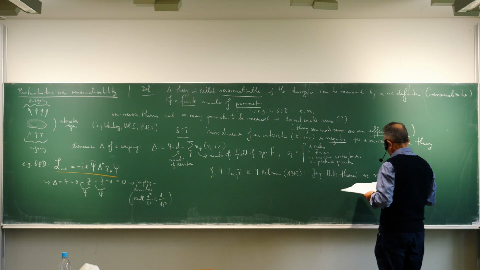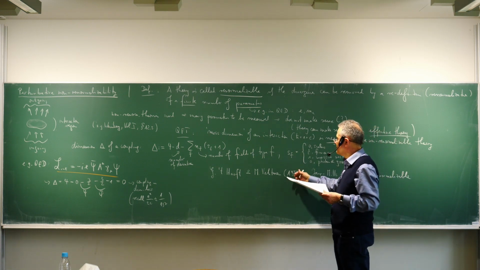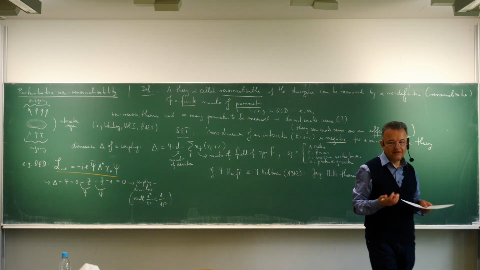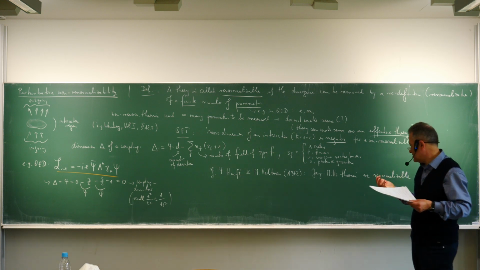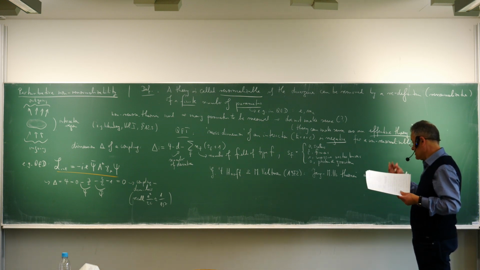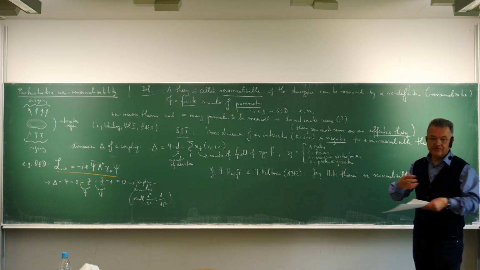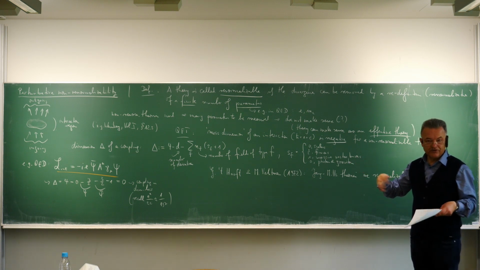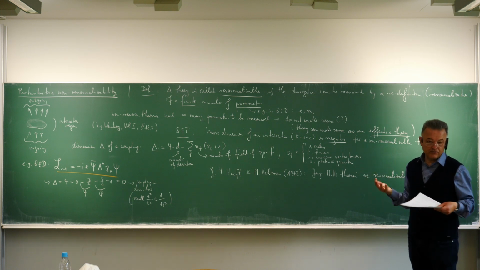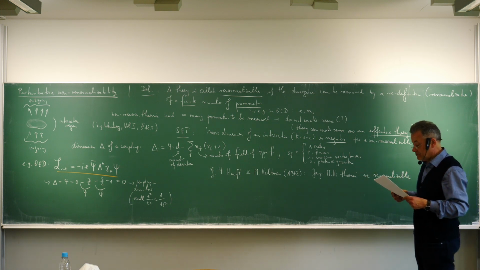And so this gave a big boost to the study of the Standard Model, because an important ingredient of the Standard Model is this gauge theory, and if this is renormalizable, it means that by measuring finitely many parameters you can make arbitrarily many predictions, and then it's a viable theory.